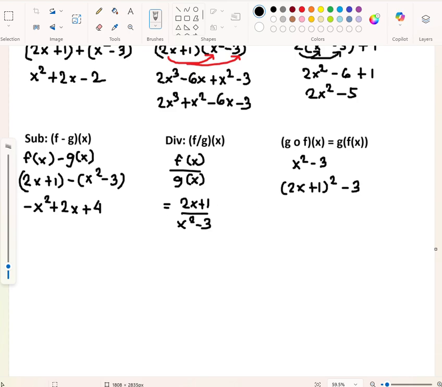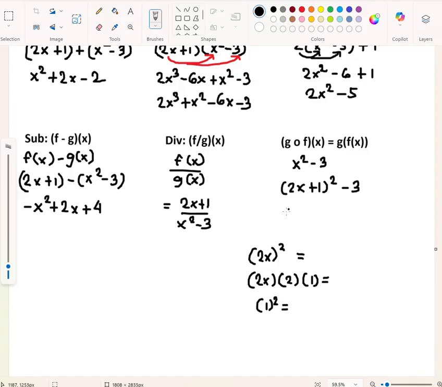We have the 2x squared, next the 2x times 2 times 1, then the 1 squared.